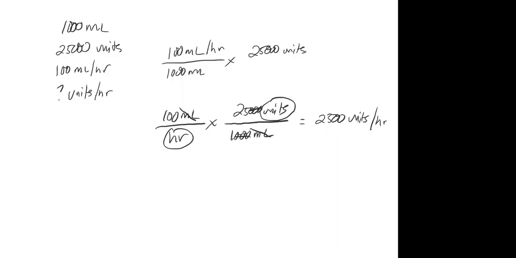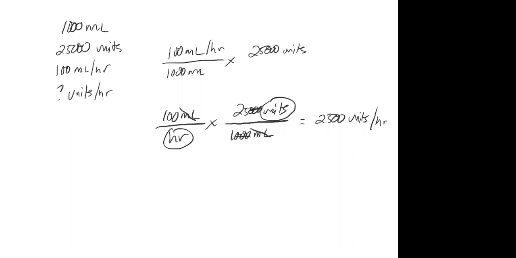Correct. So this is what I rationalize. I say I'm going from one flow rate to another rate. I'm going from milliliters per hour to units per hour. And since I usually start with the flow rate first, what happens is it puts my time in the denominator where it should be.